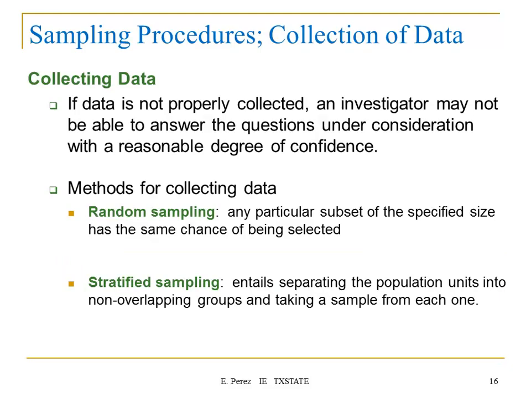But it's important for you to understand that there are several ways in which you can collect the data from a population. So we talk about random sampling, which is one of the methods that you can use, and also stratified sampling. Those are two methods, among others, with which you can decide the methodology in which you're going to collect the data from your population.